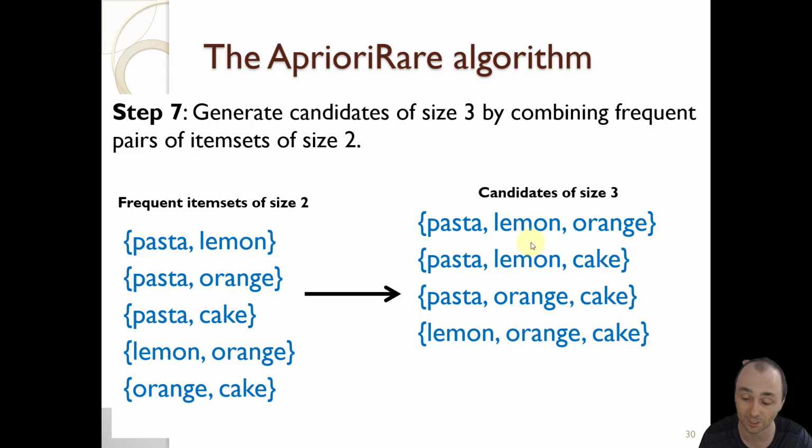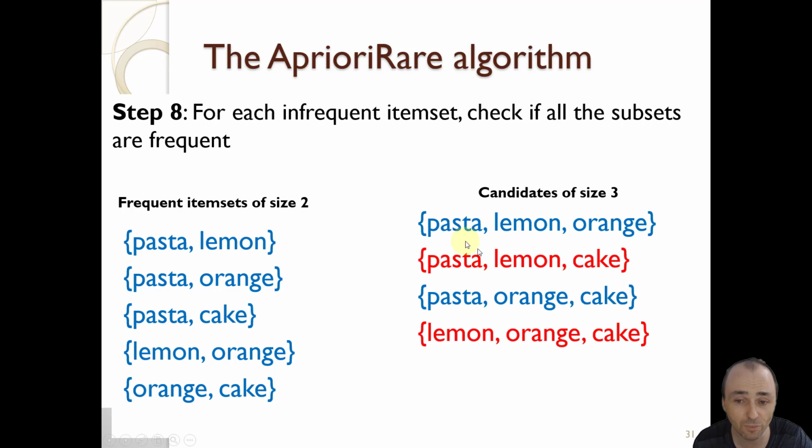It is the same thing. After this, we read the database to count how many times, and for the infrequent item sets in red, we need to check whether the subsets are frequent or not to decide if it is a minimal rare item set or not.